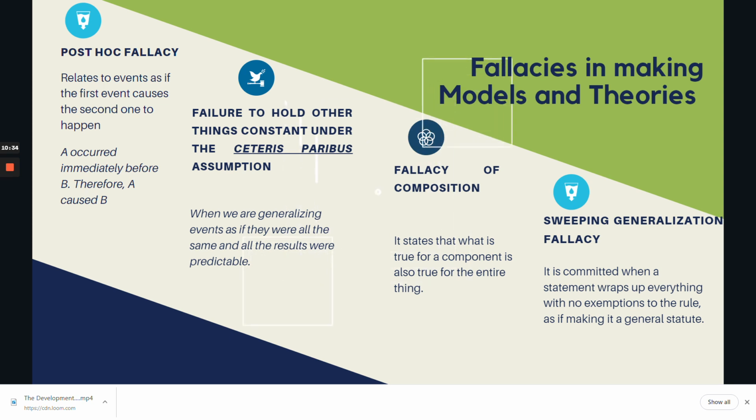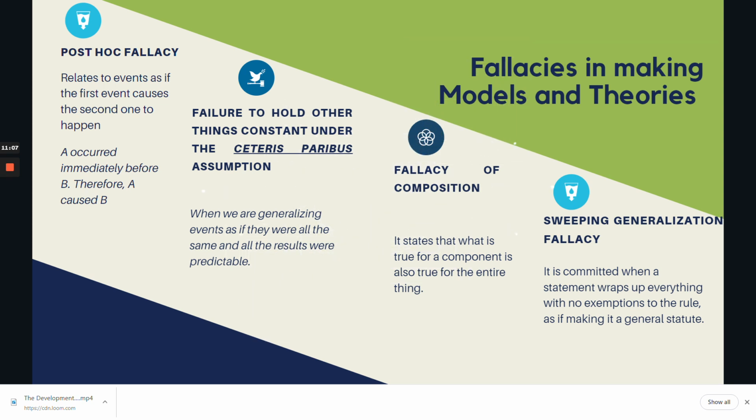The third fallacy is the fallacy of composition. It states that what is true for a component is also true for the entire thing. For example, if it is true here in Kabadbaran, it is true in all of the Philippines. It is often like that. The best example is: Mr. A wins the lottery and becomes a good businessman. Therefore, all lottery winners will become good businessmen.